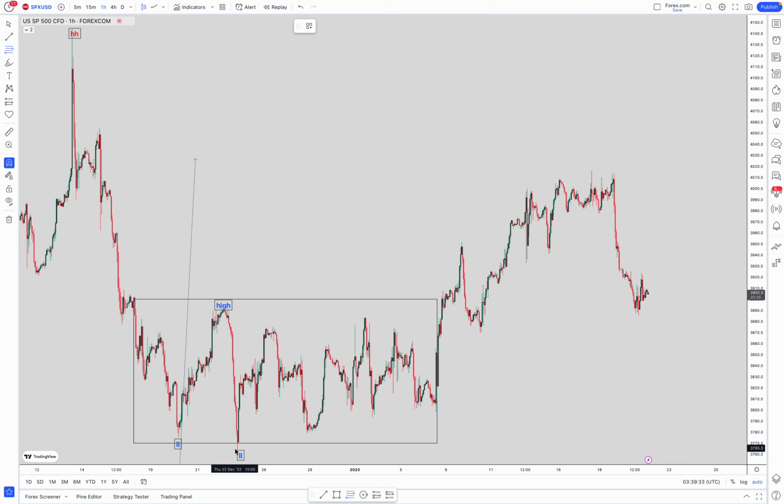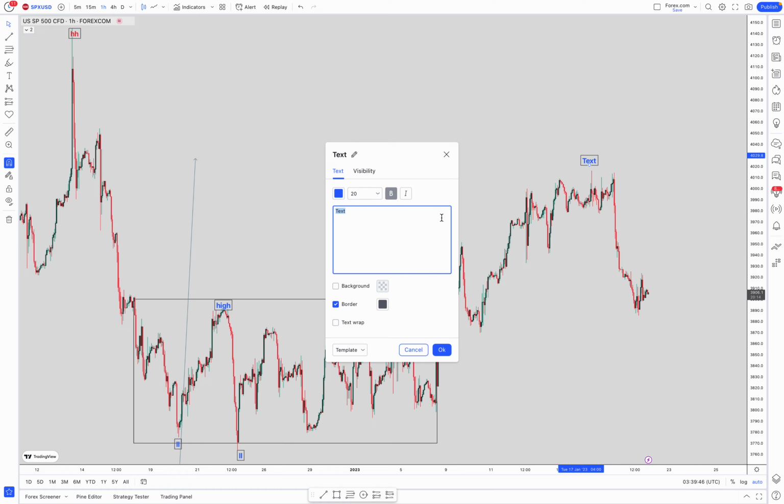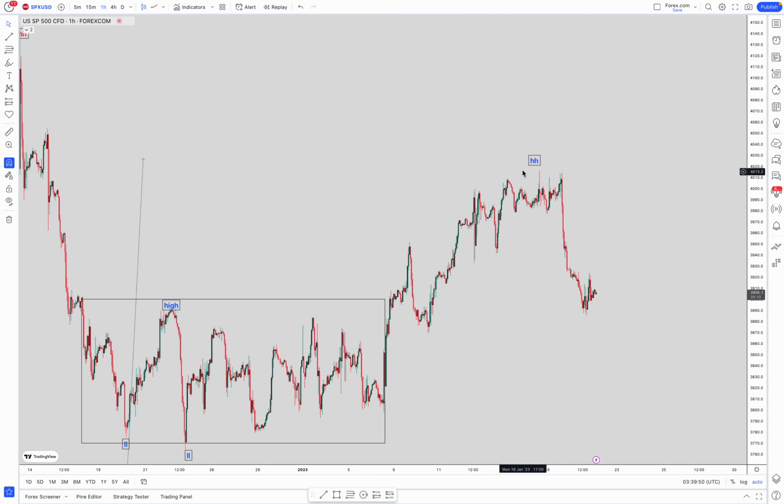But we have a problem with the Fibonacci. We're not even close to 50%. So we're not going to call this a higher high. The higher high must have happened somewhere around here. We don't consider this area significant because this is not a higher low.